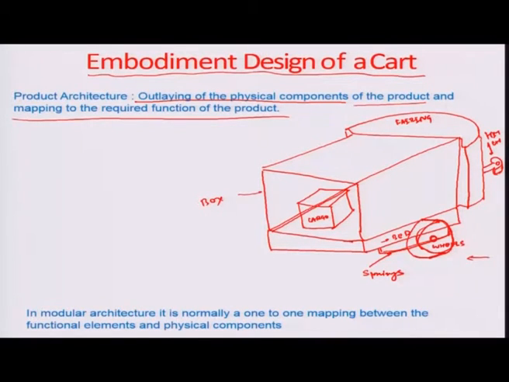So, whatever I said, I wanted to organize in terms of different subsystems and different functionalities. There are close to 1, 2, 3, 4, 5, 6 and 7 subsystem level information which are needed in this particular embodiment of the cart.